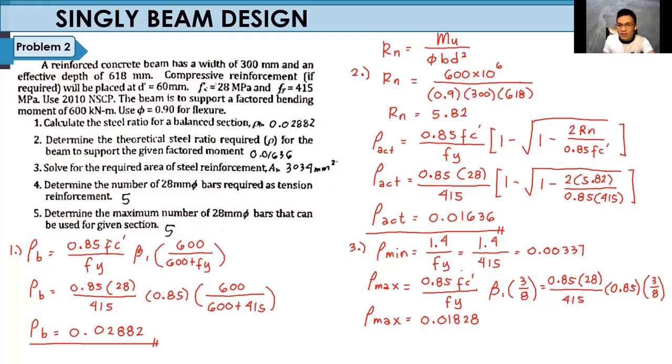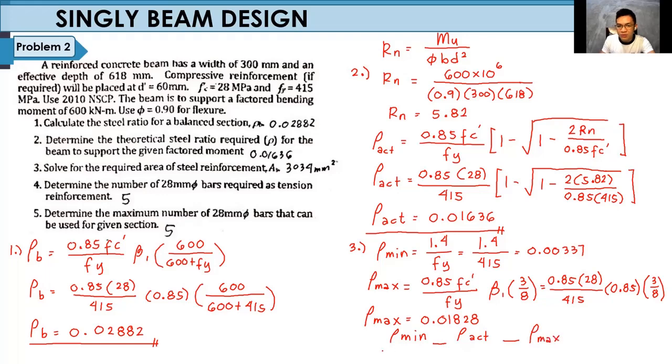So, raw min natin must be lesser than yung raw actual natin, which must be lesser than raw maximum natin.